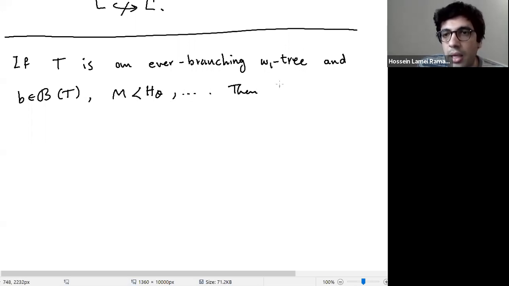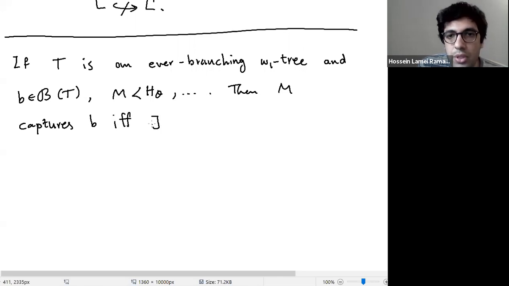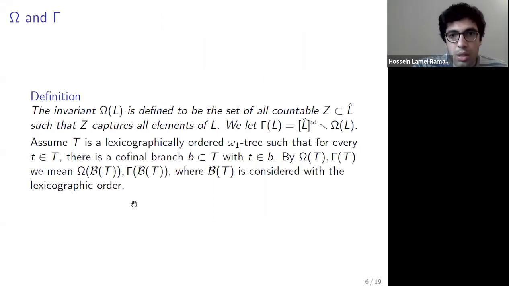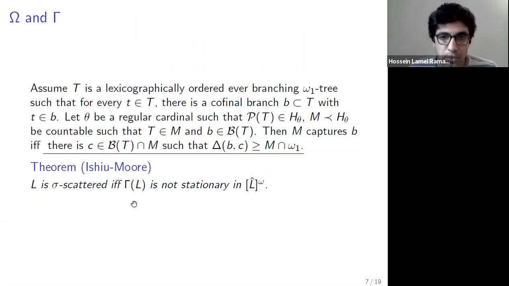Then M captures B if and only if there is some C in BT intersect with M such that delta of C and B is at least M intersect omega-1. So it doesn't matter which lexicographic order you're going to put on that.